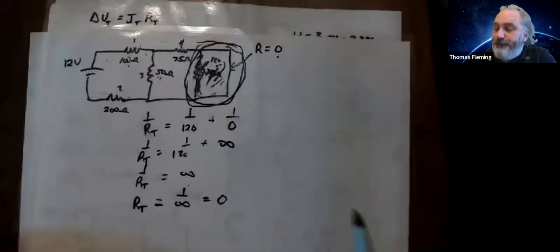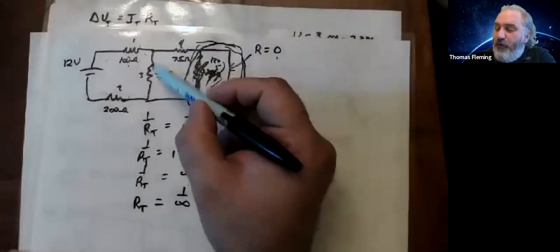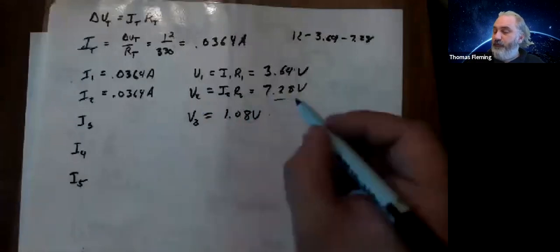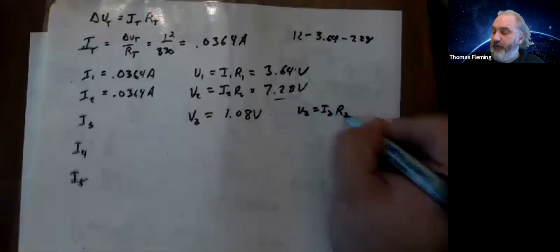Except wait a second. Now what's going to happen is I know this voltage, and I know that V3 equals I3 times R3.